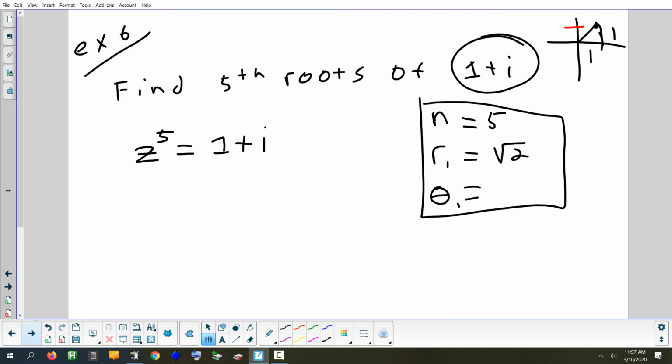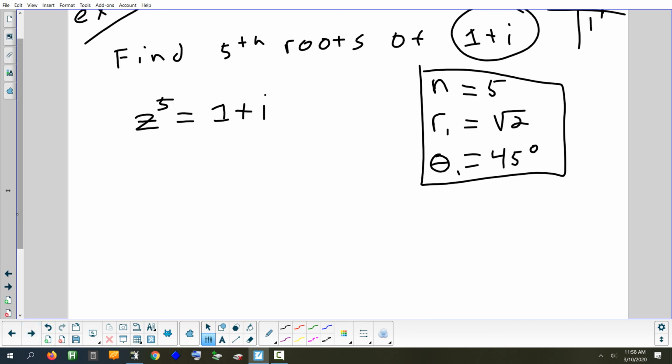What about your angle? If you go over and up the same amount, it's a 45. If you didn't know that it was a 45, what trig function do you use? Inverse tangent. Yep. So now you've got everything you need to set up your two equations.